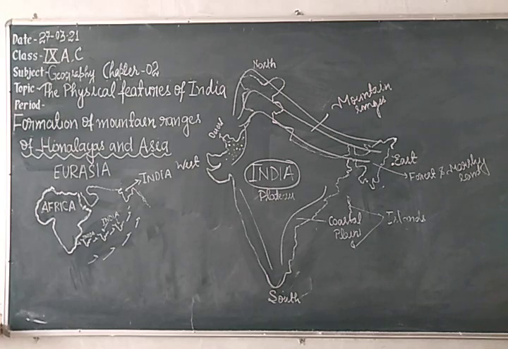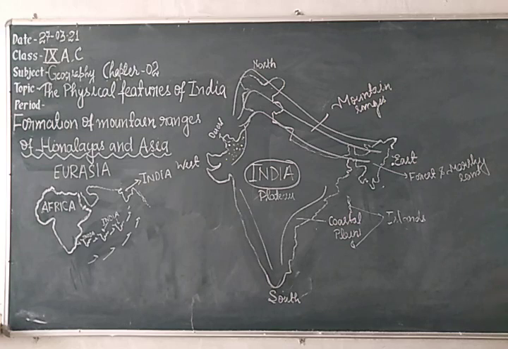Okay, and the northern part of the Pangaea is known as Angara land, and the southern part of that Pangaea is known as Gondwana land. Okay, and Gondwana land means South India. Alright, it means South India is a very old landmass which is also known as Peninsular India.